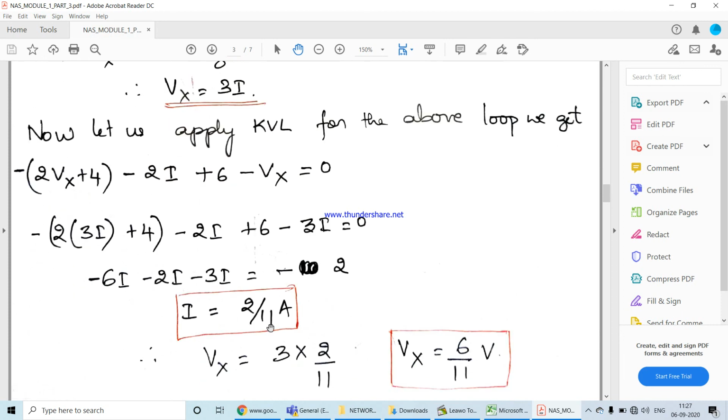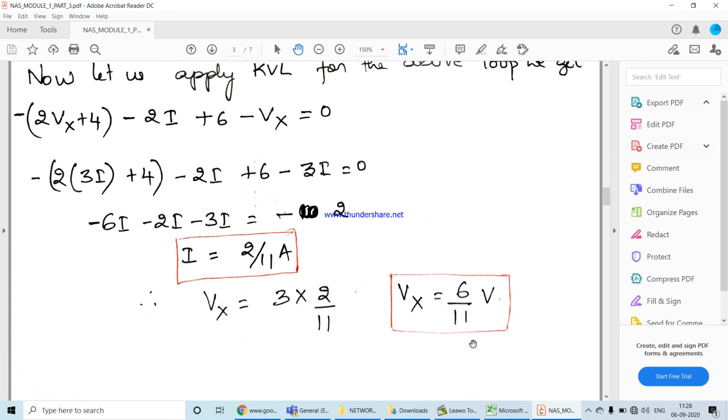I get I to be equal to 2 by 11 amps. Okay, this is obtained by KVL. Once I found the current I, Vx will be equal to 3I. So 3 times 2 by 11, therefore Vx will be equal to 6 by 11 volts. So clear?